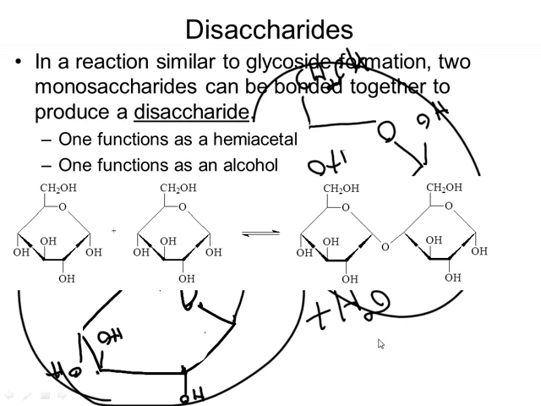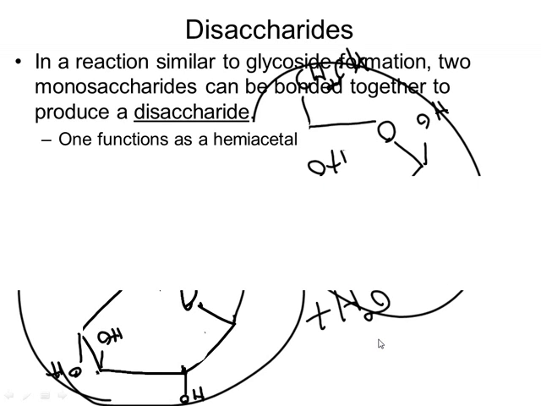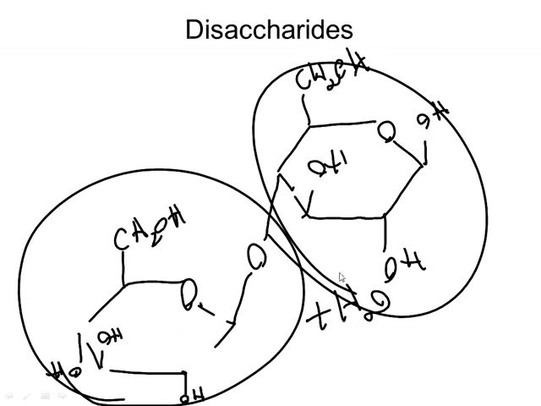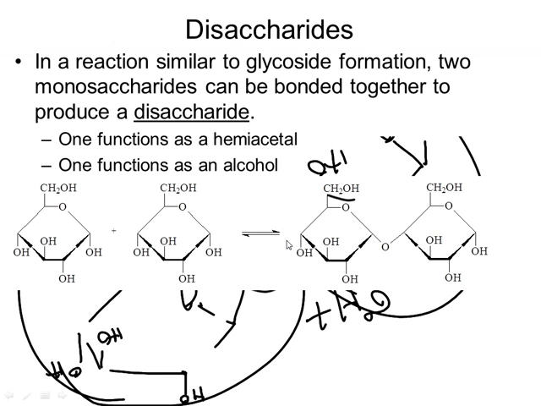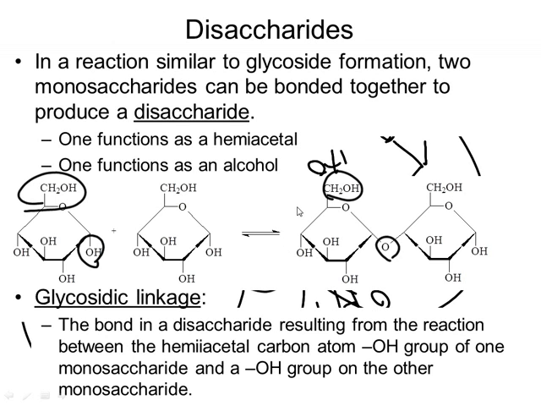There's a little bit better drawing of the same. It's very similar to the one I just drew in the background here. The only real difference is the one I started with was beta, and this is alpha. So the glycosidic linkage is the bond in a disaccharide.